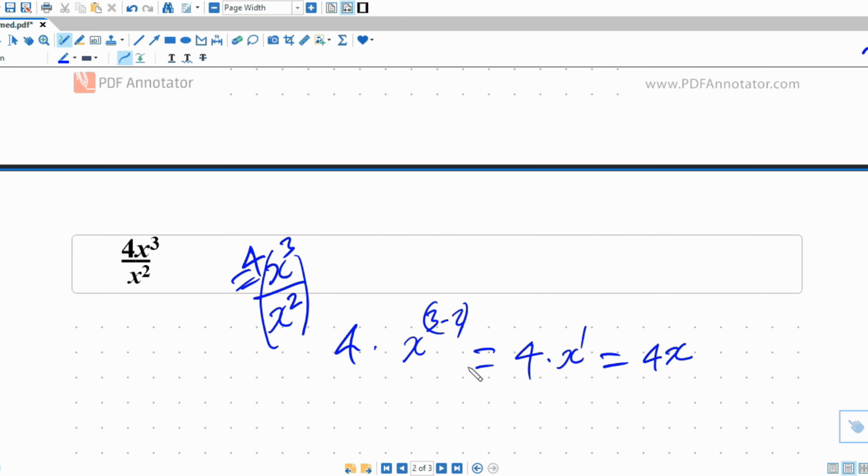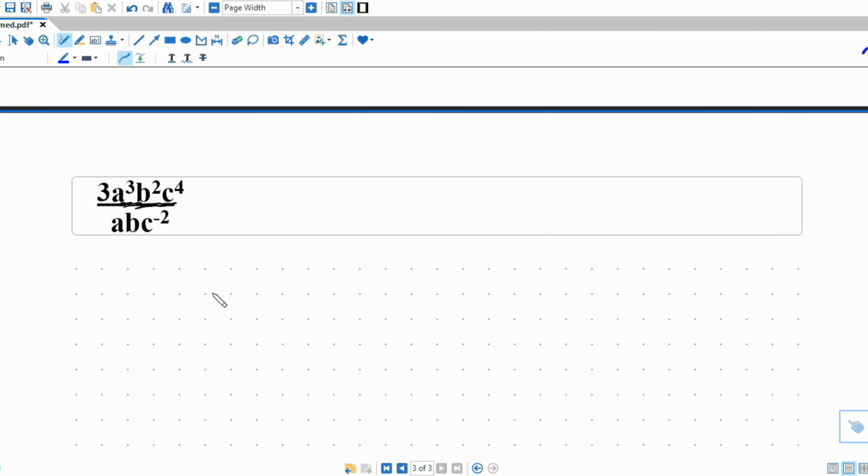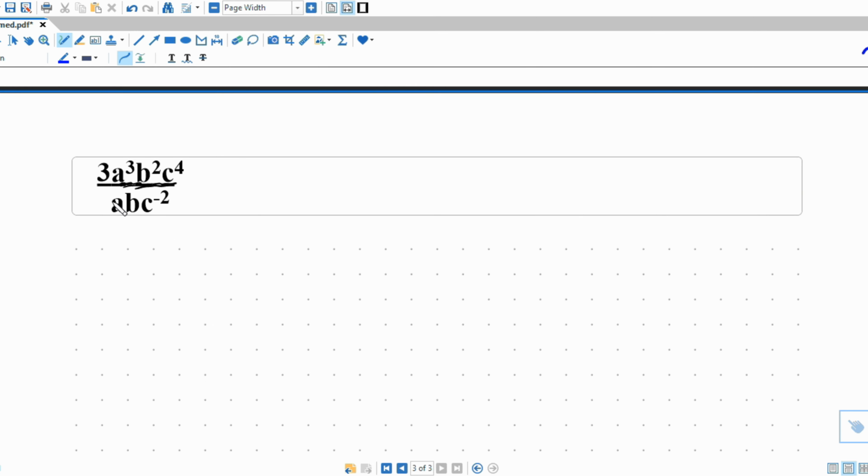Now, how about values where we have different variables? Like in this case here, we have a's, b's, and c's, and this one is a combination. We're going to use the combination of the product rule and the quotient rule, and these rules apply on values of the same base.